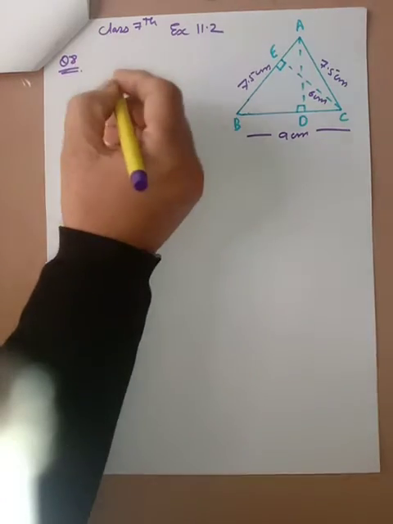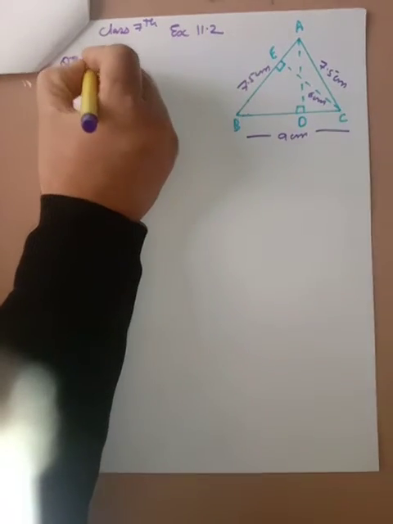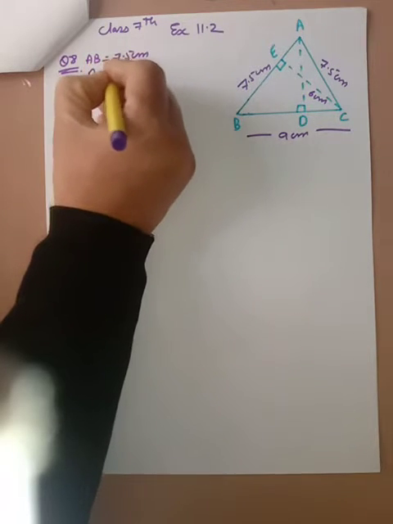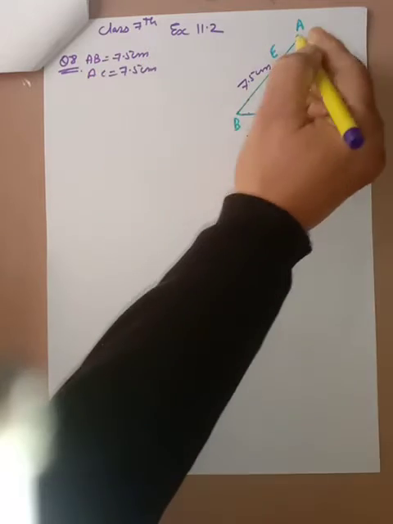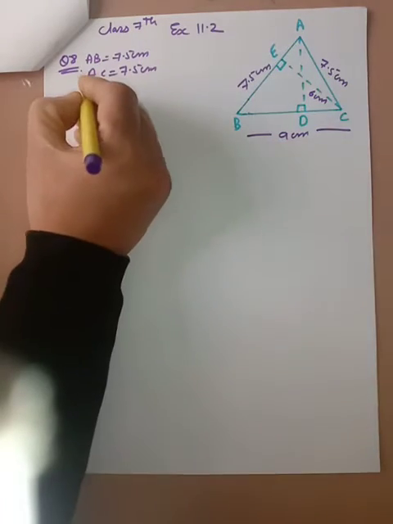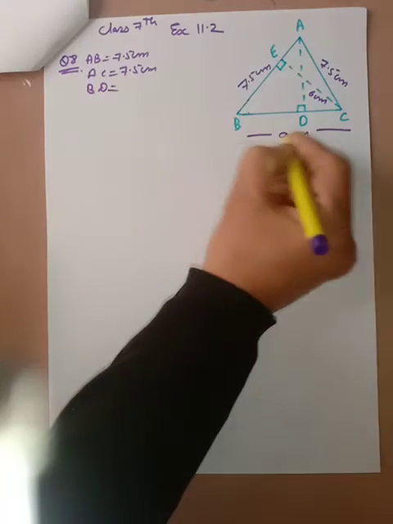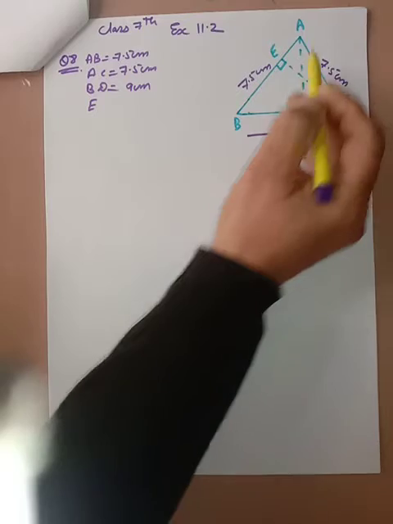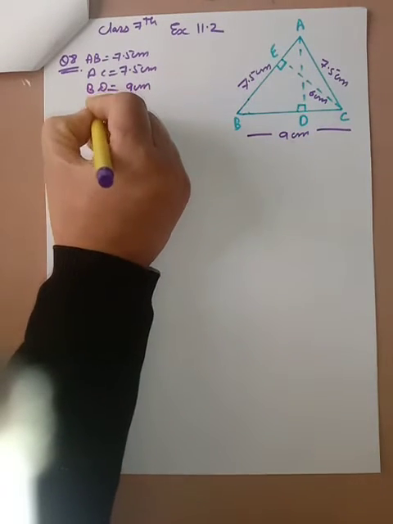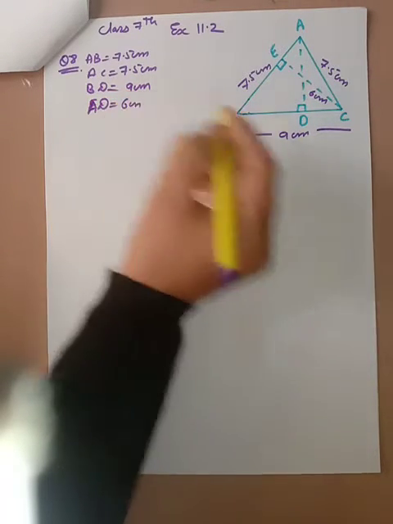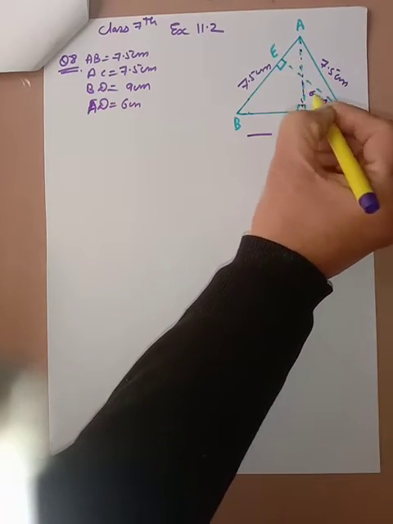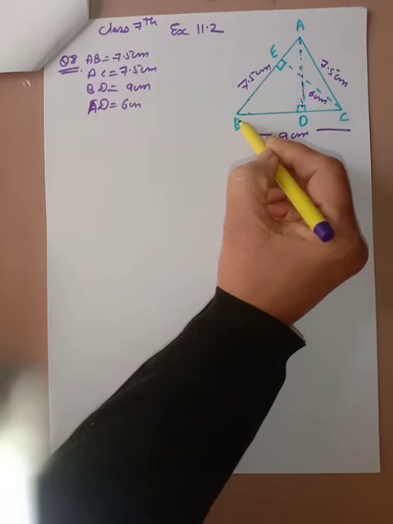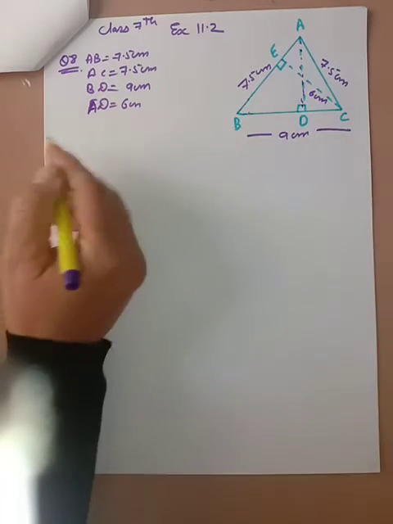It is given AB is equal to 7.5 centimeter, AC is equal to 7.5 centimeter because it is an isosceles triangle, both the sides equal, and BC is equal to 9 centimeter and AD is equal to 6 centimeter is given. This height is given 6 centimeter. Now first ये height and this base is given, तो I will take triangle ABC.